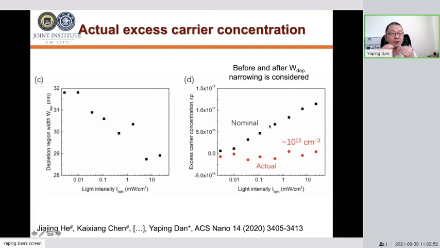But if we consider the depletion region expansion, the actual excess carrier change inside the channel can be ignored, it is almost zero. That means the photoconductance is dominantly contributed by the channel width extension, not by an actual excess carrier increase.